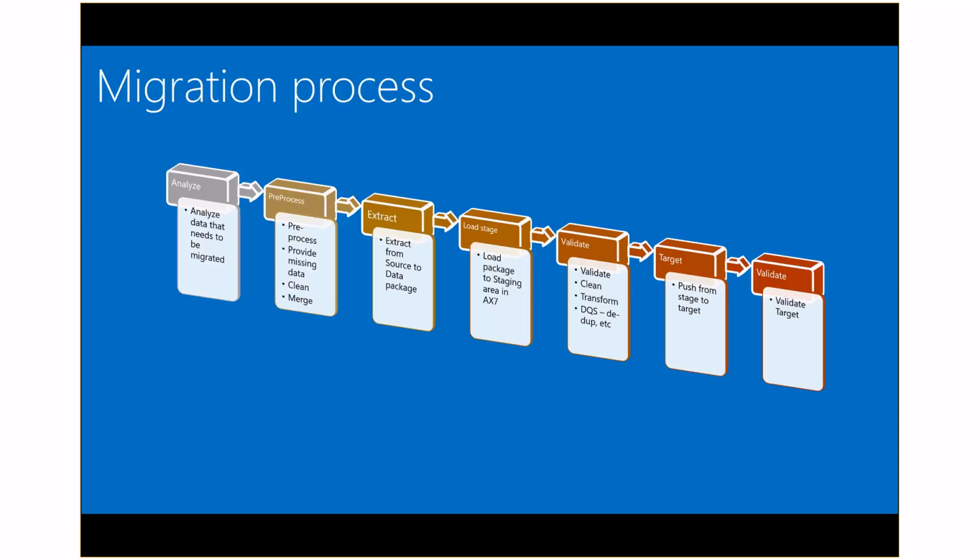And if there is a need, you could do an additional level of transformations, the data quality things like the dedupes and stuff, and you could push the information from your staging to target, and then you could do another round of validations from the target.